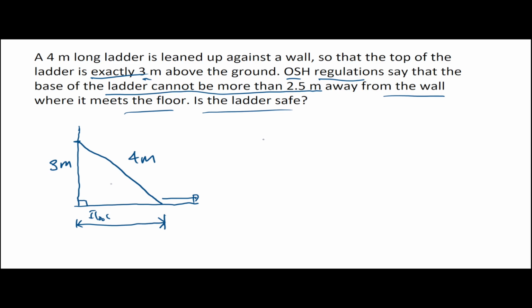So we've got two of the sides and we're trying to find the third side. We know a squared plus b squared equals c squared, or one of the shortest sides is 3 meters squared plus b squared, and I don't know how long b is, that's what we're trying to find out, and equals c squared, which is 4 squared.